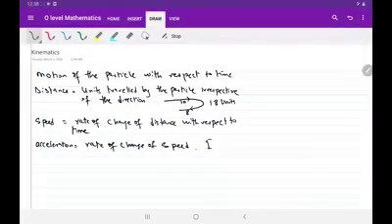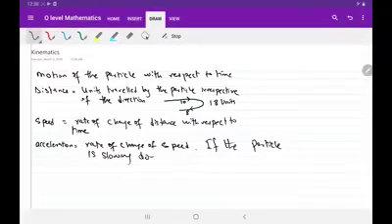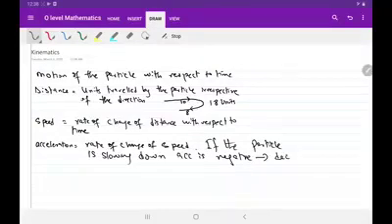If the particle is slowing down, acceleration is negative, which is also called deceleration or retardation.